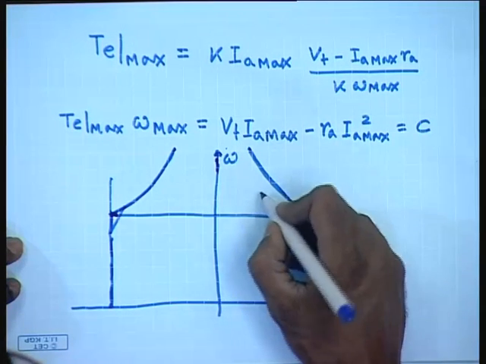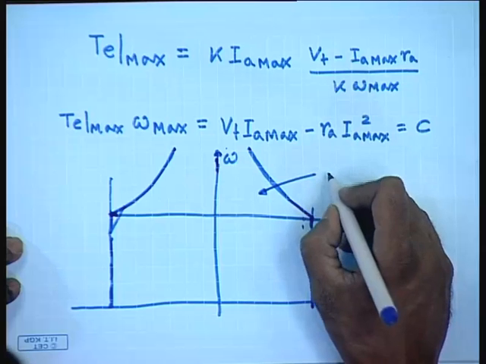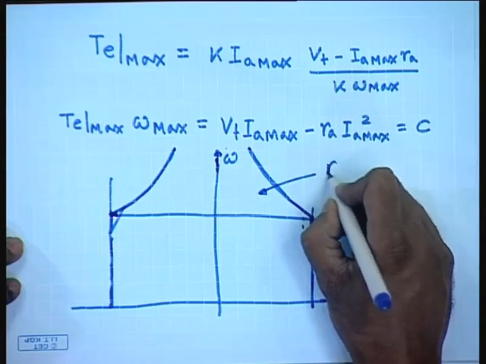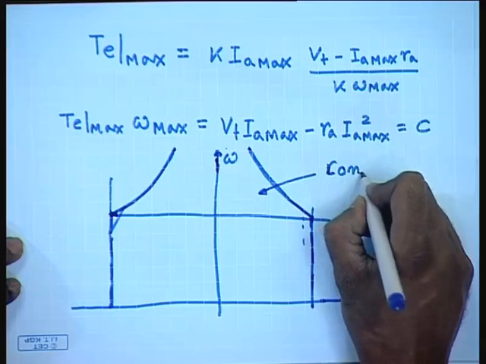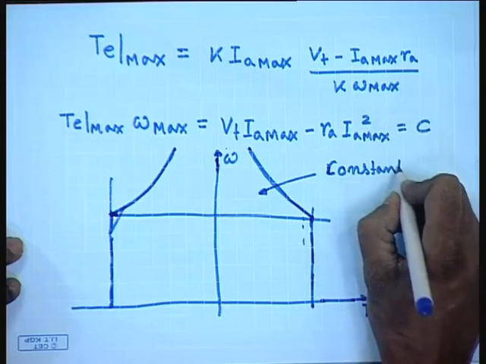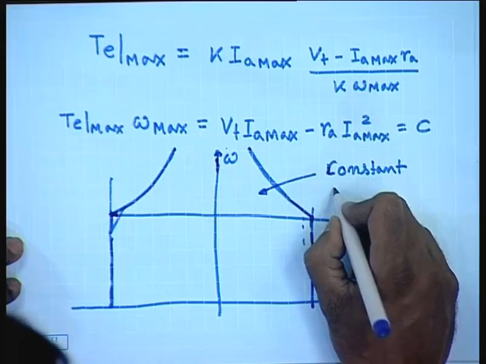So, this is called the maximum power, the constant power operating zone, constant power zone.